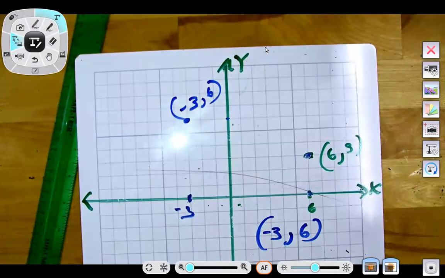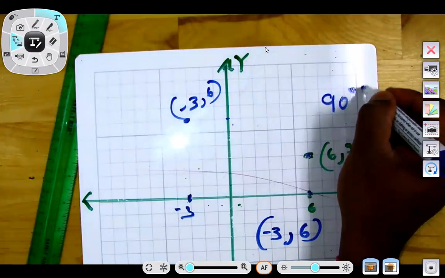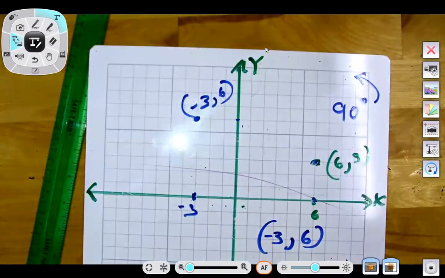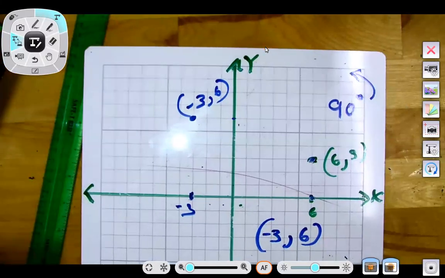When you rotate 90 degrees counterclockwise, okay? Let's see if it's 90 degrees. It should be.